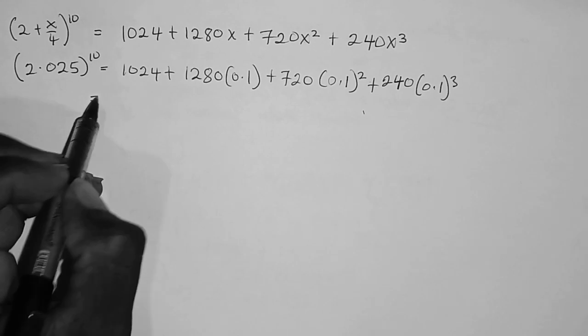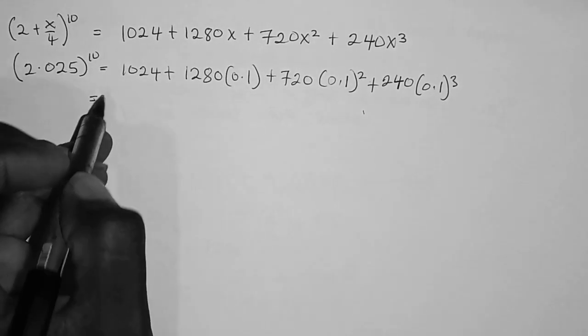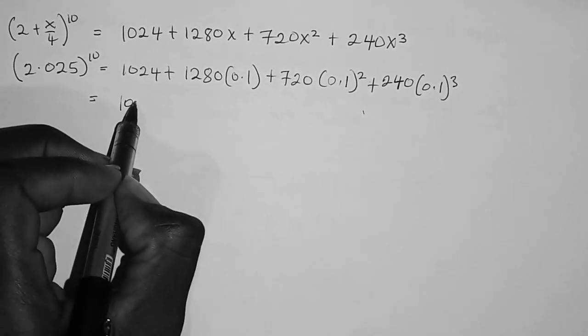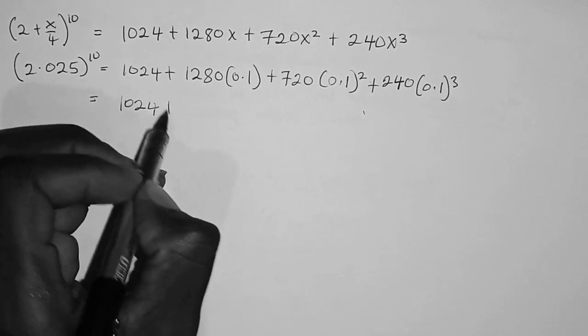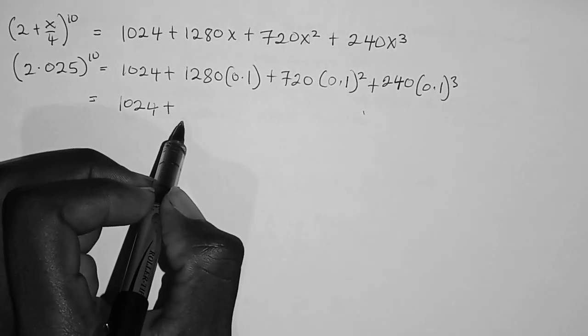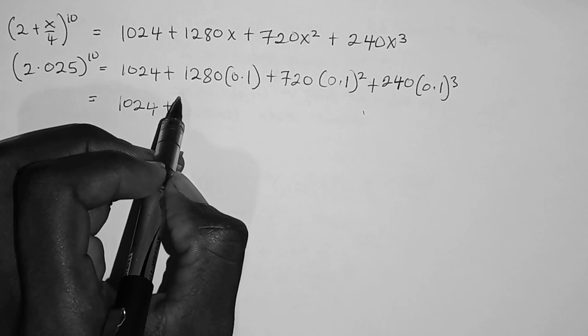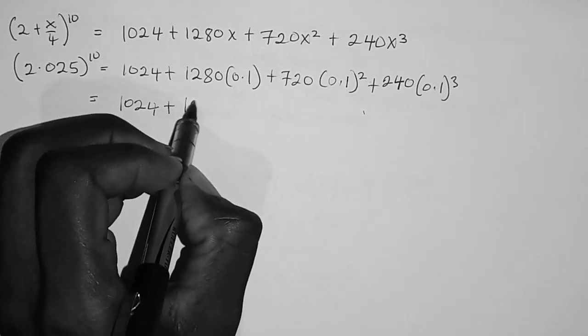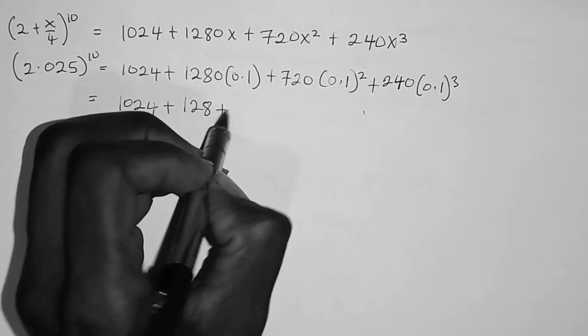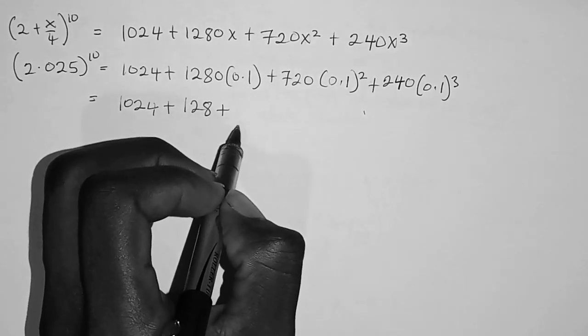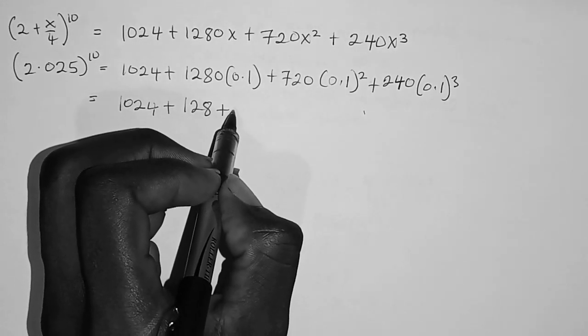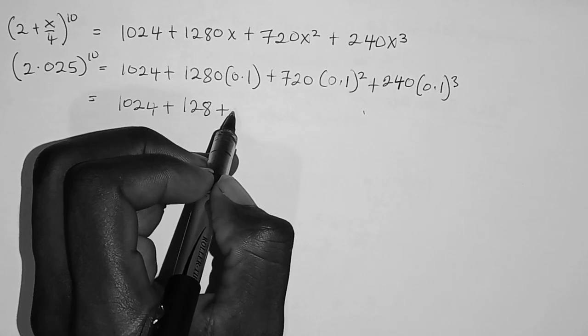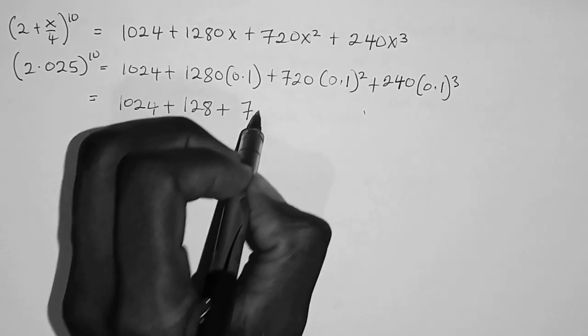So this is equal to 1024 plus 1280 times 0.1 is equal to 128, and plus 720 times 0.1 squared is equal to 7.2.